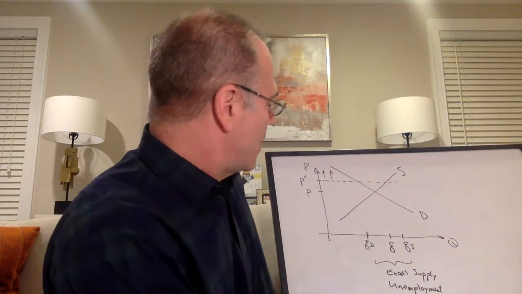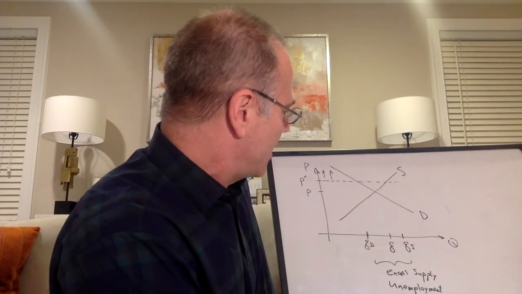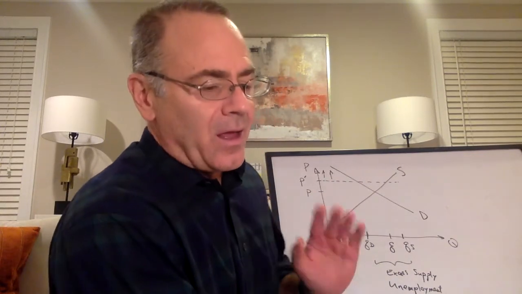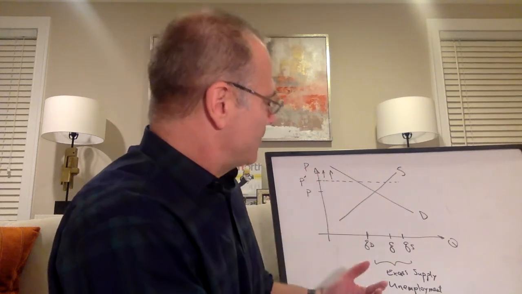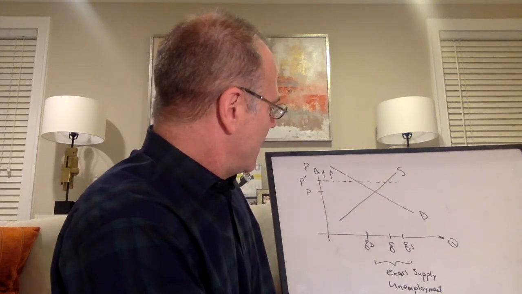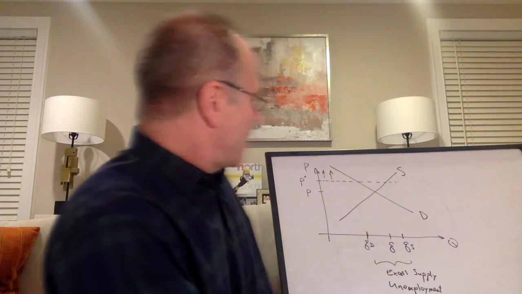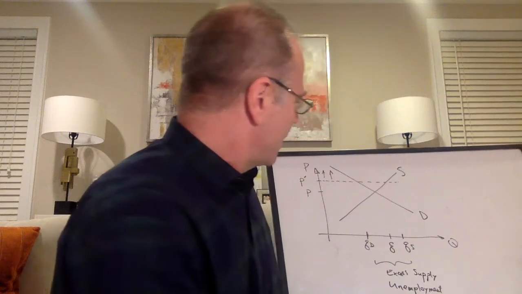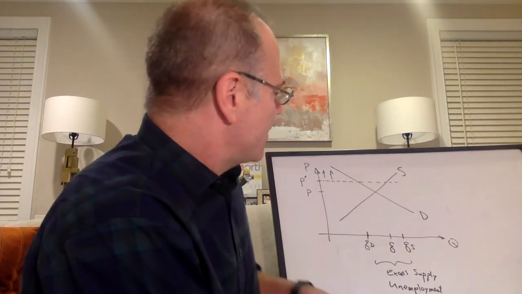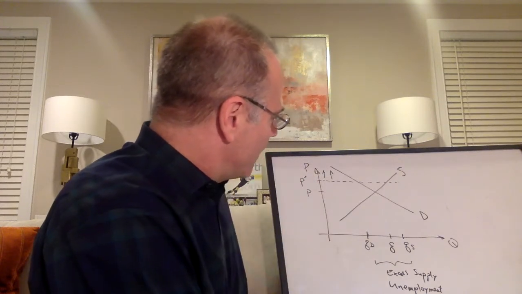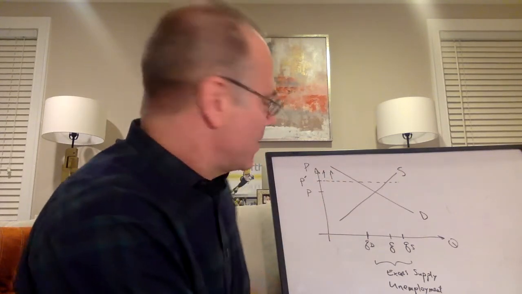Okay. So the first thing I want to talk about is the amount of unemployment. Most economists will say that if you put a minimum wage above the market clearing price, then that will cause the amount of employment demanded to decrease.